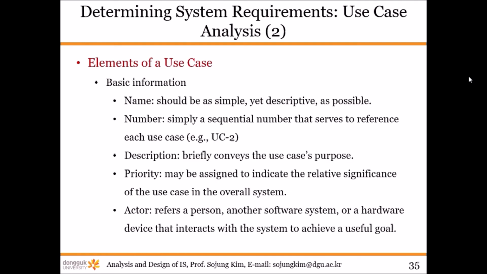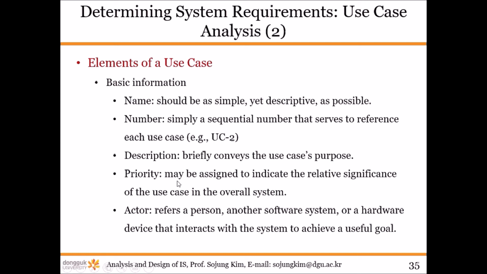Elements of a use case. So basic information: name, number, description, priority, and actor. Name should be as simple yet descriptive as possible. Number is simply a sequential number that serves to reference each use case. Description briefly conveys the use case purpose.